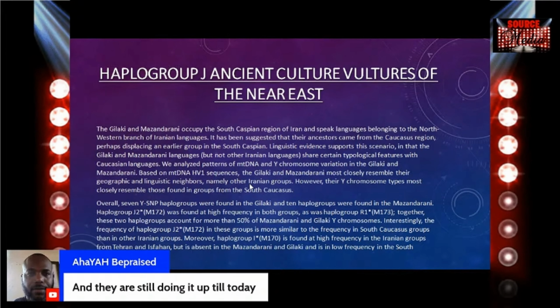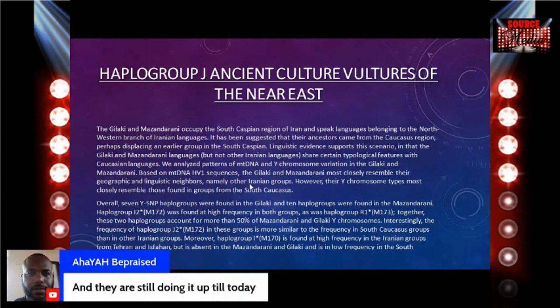We analyze patterns of mitochondrial and Y chromosome variation in Gilaki and Mazandarani based on mitochondrial HV1 sequences, and I'm just going to say "they" from now on. I ain't going to keep saying that. They most closely resemble their geographic and linguistic neighbors, namely the Iranian groups.